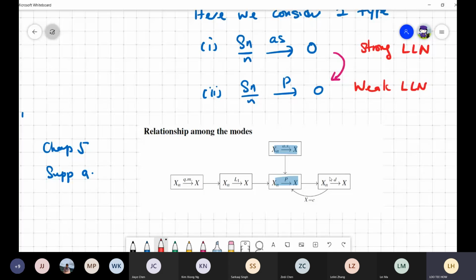The first one is almost sure, and since almost sure always implies convergence in probability, this version is the stronger version. So this is the strong law of large numbers, and this is the weak law of large numbers.